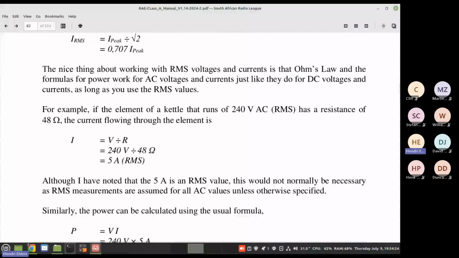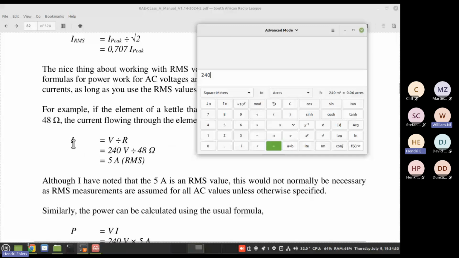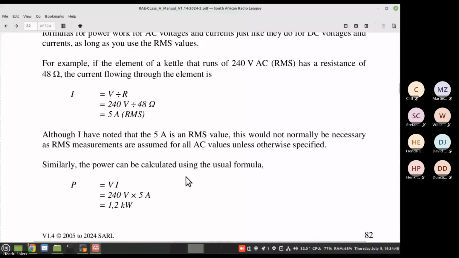Right, so we call on a calculator again. 240. Okay. Obviously, Ohm's law, I equals V divided by R. So that is what we're going to do here. That equals 5, and that is indeed correct.